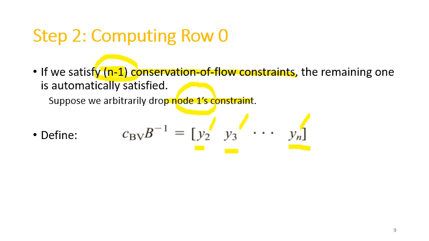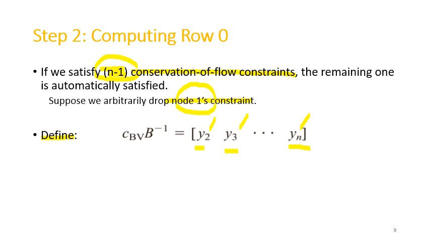So how do we compute y2, y3 up to yn, and what are these y's? Well, we are not computing them, we simply define them. Suppose we have CBV B inverse, and we just define the content of the CBV B inverse to be y2, y3, and yn. Again, we are not computing them, we're just defining.